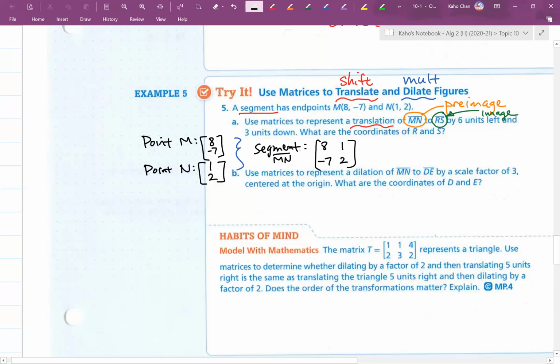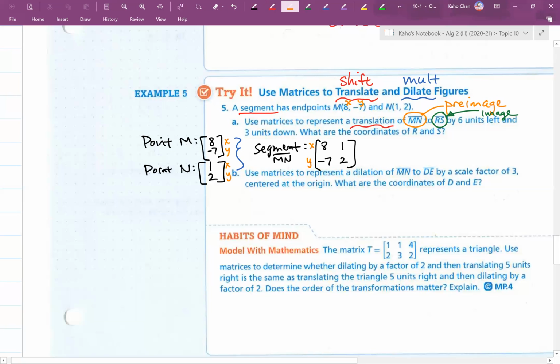And now we need to translate. Now remember, the first row are the x's. Remember that. And the second row are the y's. Remember that, okay? What are we doing with it?